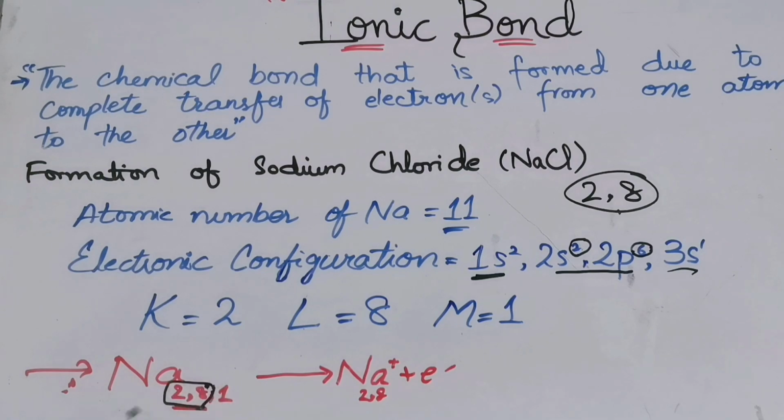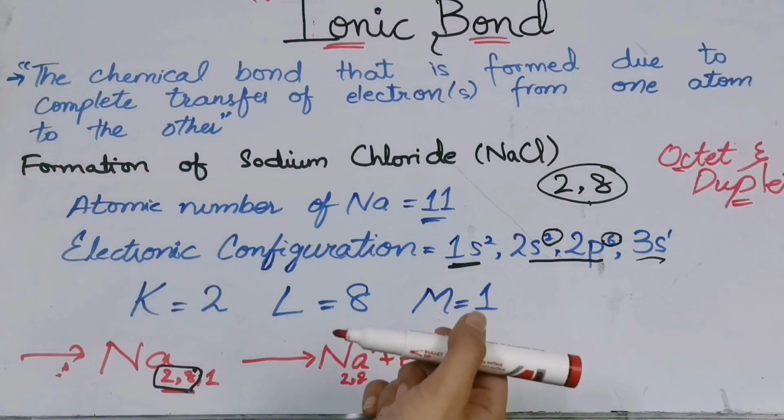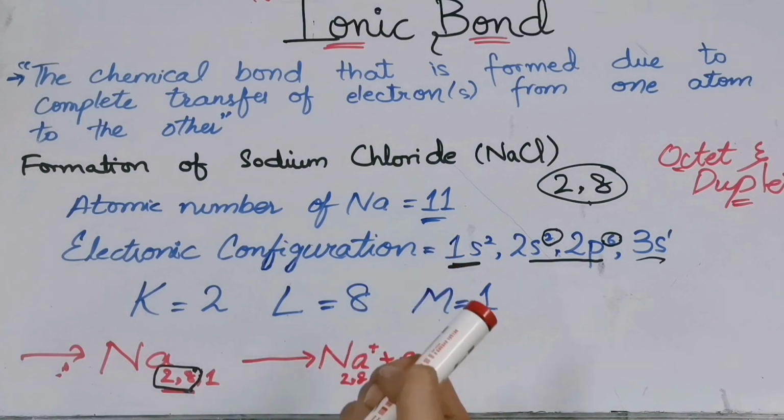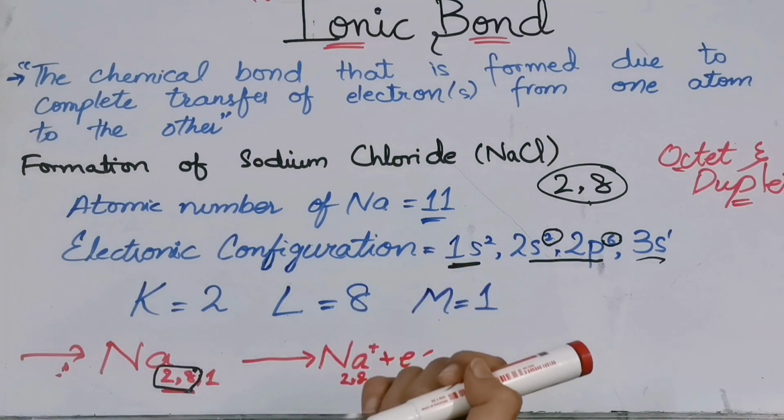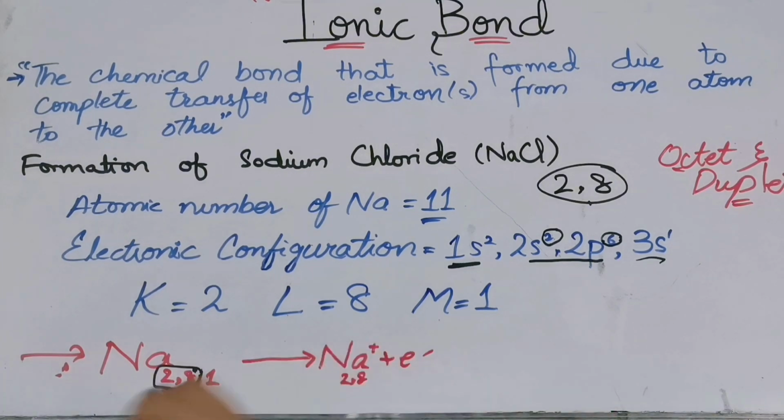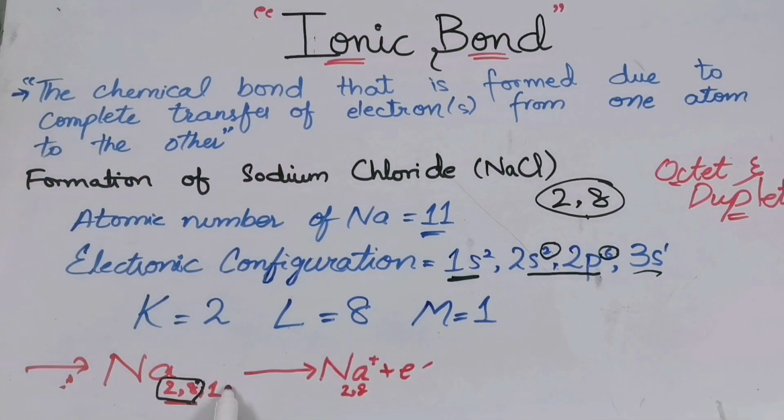According to the octet, the atom should hold 8 electrons in its valence shell, and according to the duplet, the atom holds 2 electrons in its valence shell. So when sodium lost its 1 electron, it attained the noble gas electronic configuration. It is having 8 electrons in its valence shell.